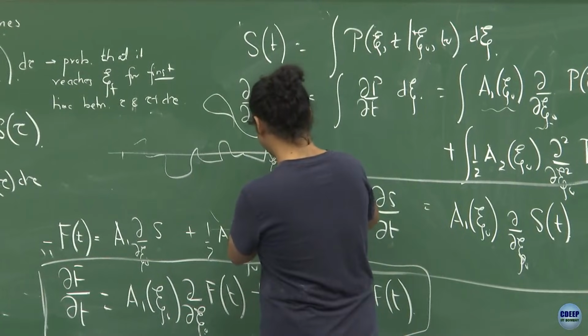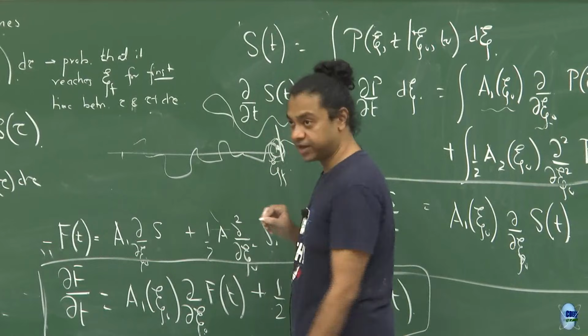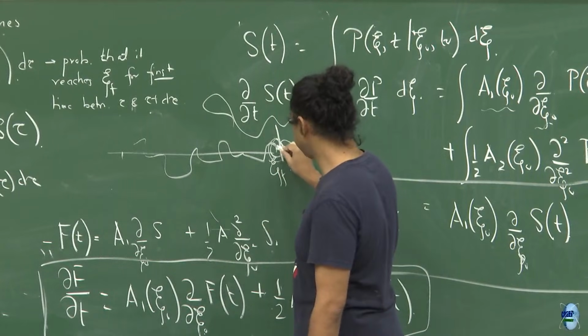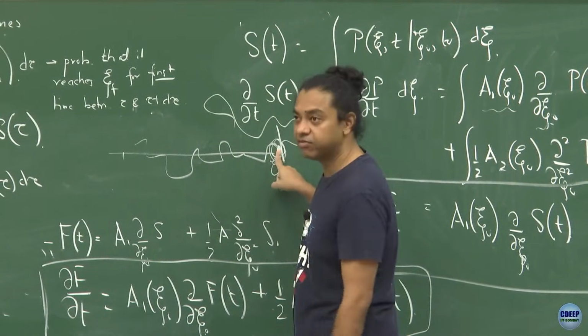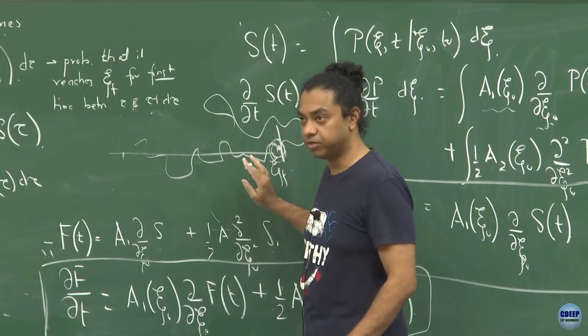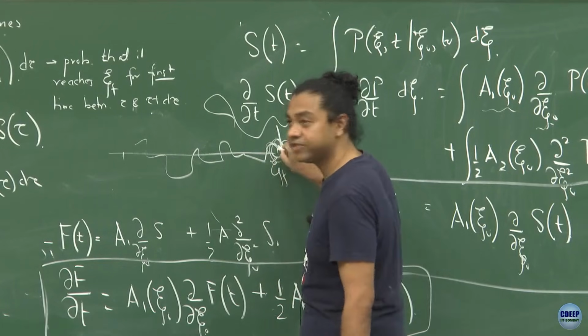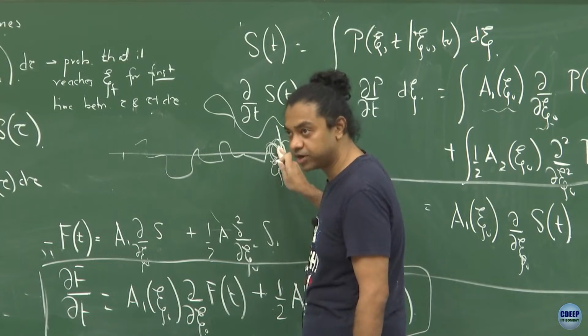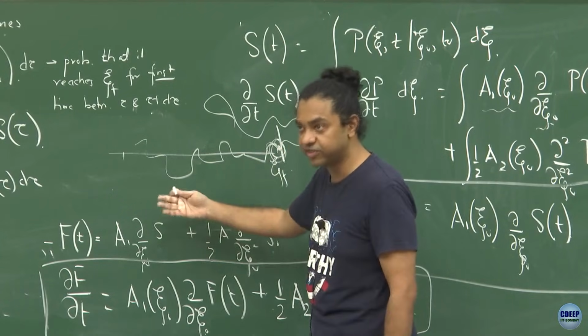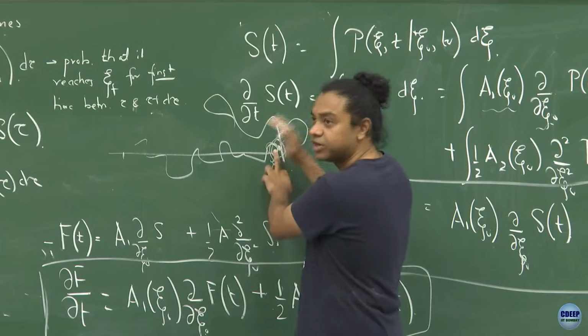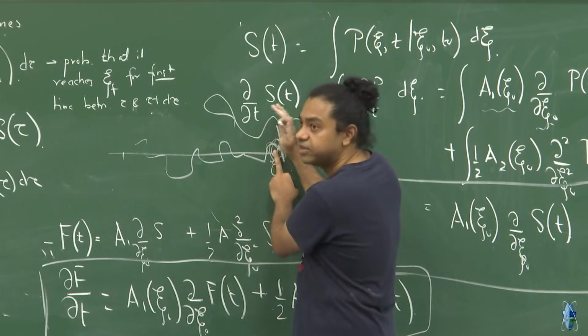Here, I have put an absorbing boundary condition on this xi f state. You are right that until it has reached xi f, nothing has changed with the original problem. Once it has reached xi f and I apply the absorbing boundary condition, subsequently things will change. It is no longer the original problem, but I am not interested in that anymore, because I am only interested in the first passage.